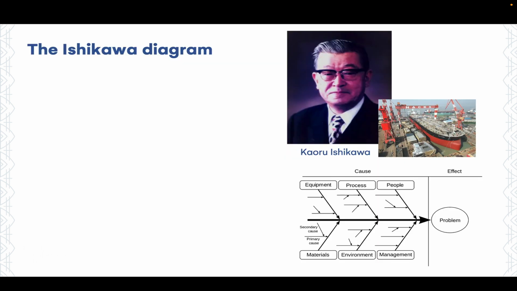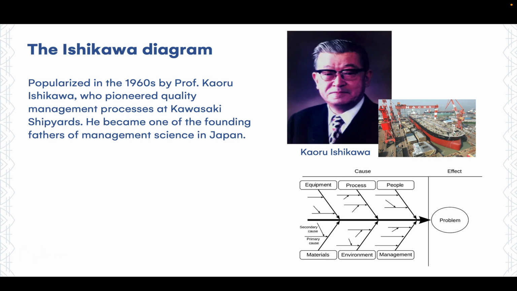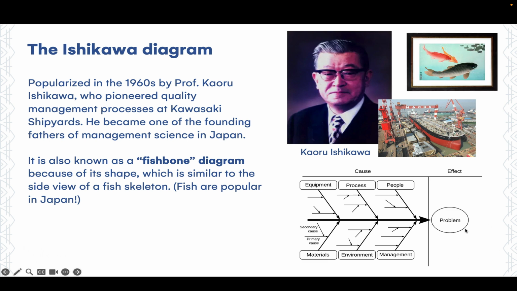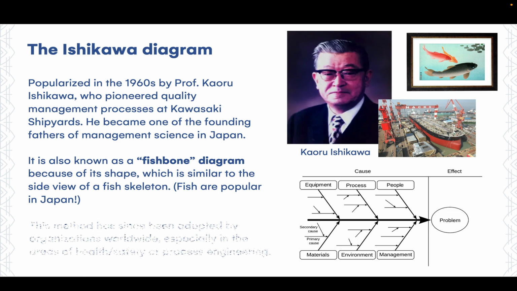So the Kawasaki team called on a professor of management, Kaoru Ishikawa, who developed this method of deconstructing problems visually, and is considered one of the founding fathers of management science in Japan. His method is known as a fishbone diagram because of its shape, which you see here, which is similar to the side view of a fish skeleton. Of course, Japan being an island nation, this is a beloved shape for many people.